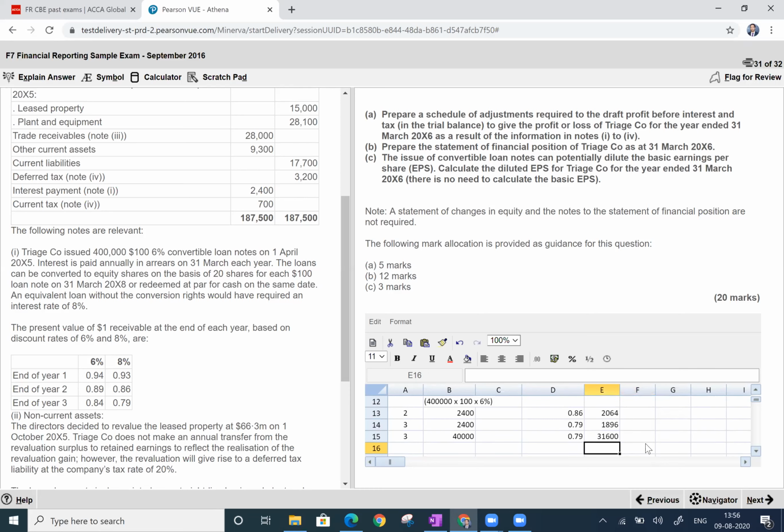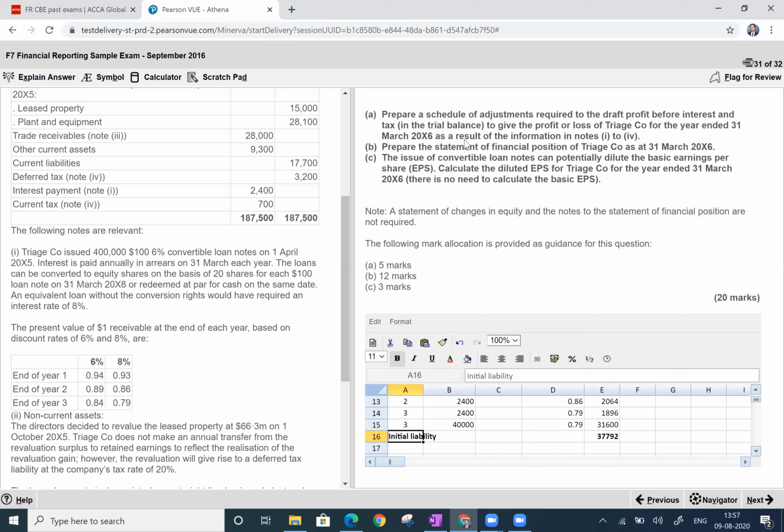So this will be the sum of these three figures. So it is 37,792 as the initial liability. Done.